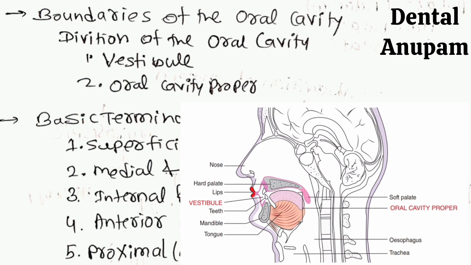Anterior and lateral boundaries are formed by the lips, upper teeth and lower teeth, while the palatoglossal folds on either side mark the posterior limiting point.